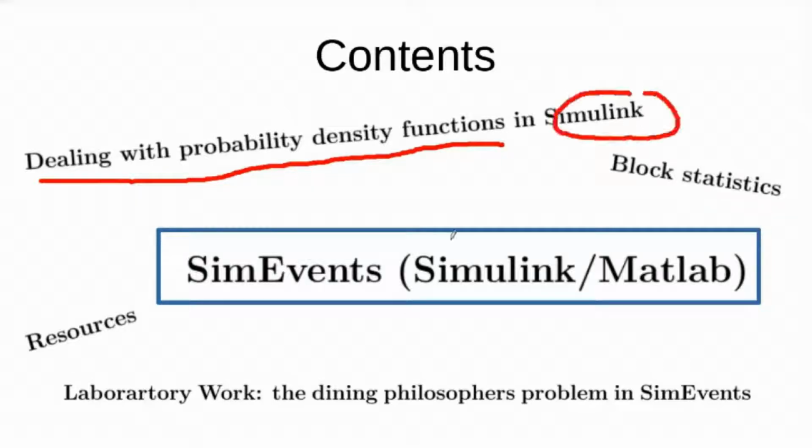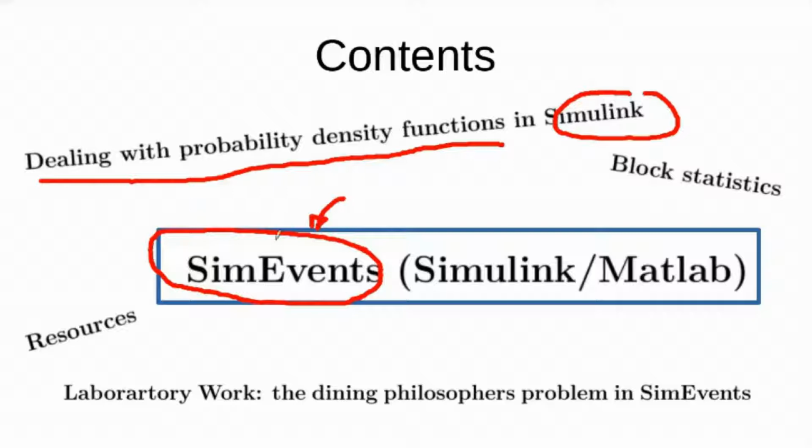So the contents for today's lecture will be how to deal with probability density functions in Simulink. And these probability density functions will be used in a Simulink model. But this Simulink model will be focused on discrete event systems. And the toolbox that allows the use of these discrete event systems is SimEvents, simulation events.